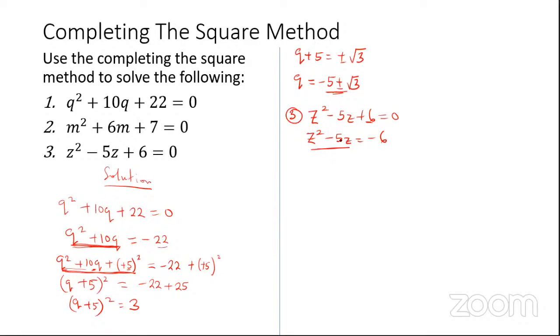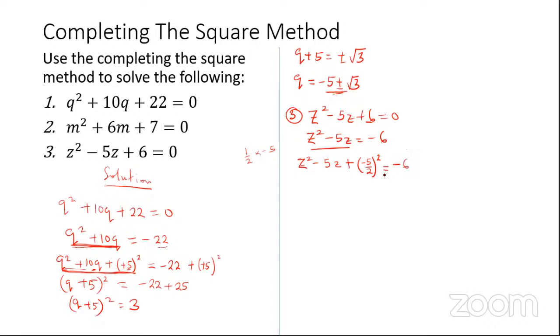It means you add half of the coefficient of z. So we have z squared minus 5z. Half multiplied by minus 5 gives you minus 5 over 2. So that will be plus minus 5 over 2, then square it. Whatever you do to this side, you must do to the other side to balance it up.